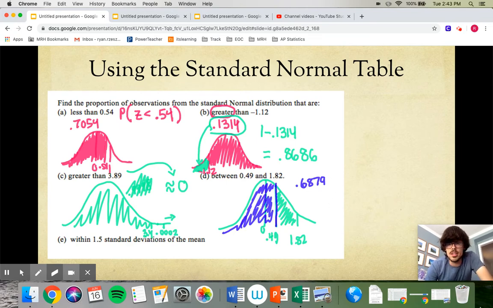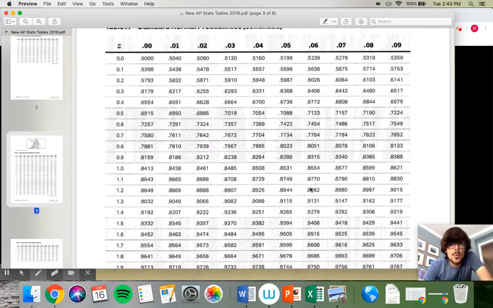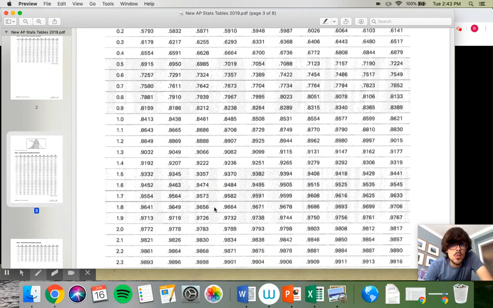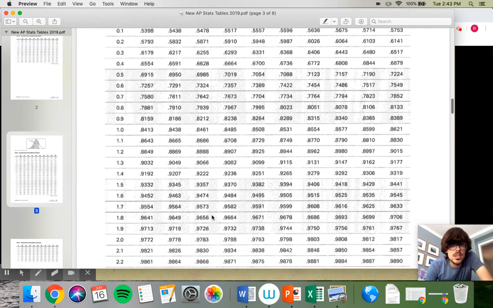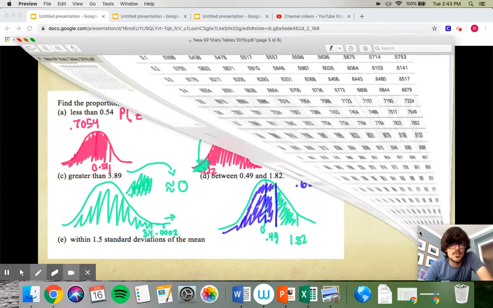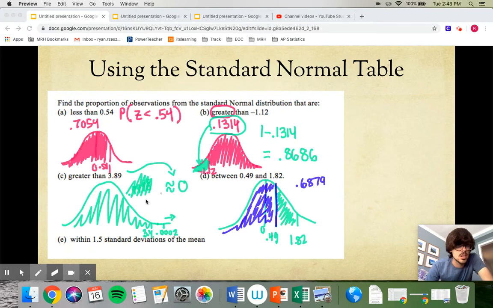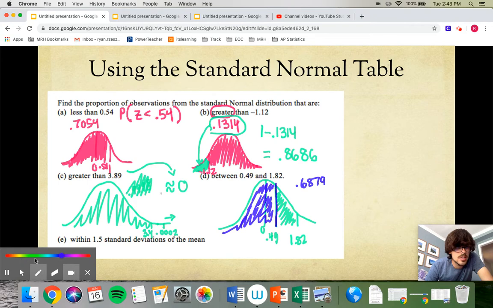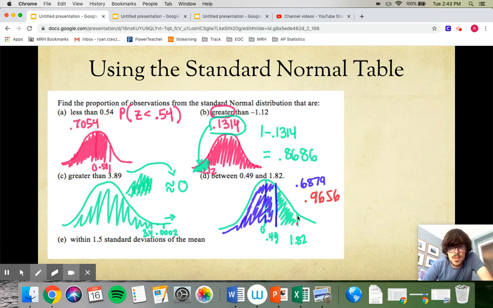Then I'm going to get my second number, which is 1.82. And 1.82 is 0.9656. So I'll switch colors for that. 0.9656. So from this mark, everything to the left is 0.9656.